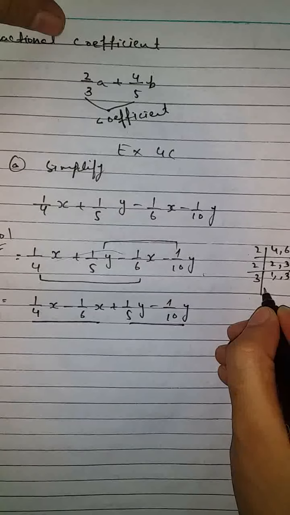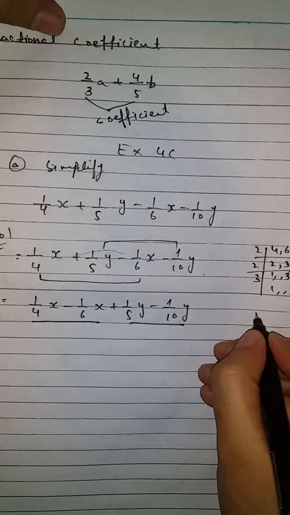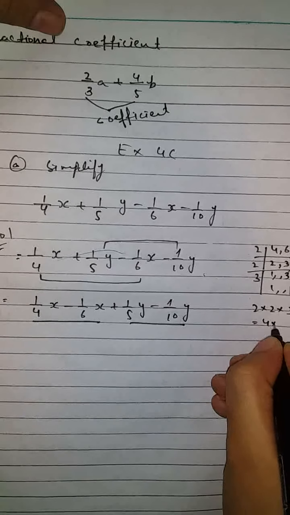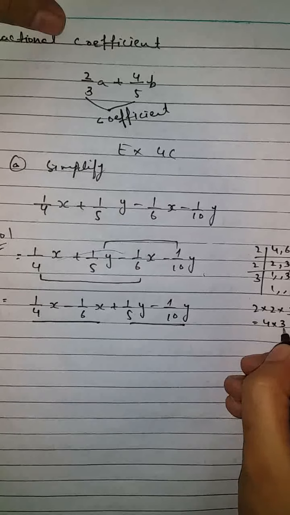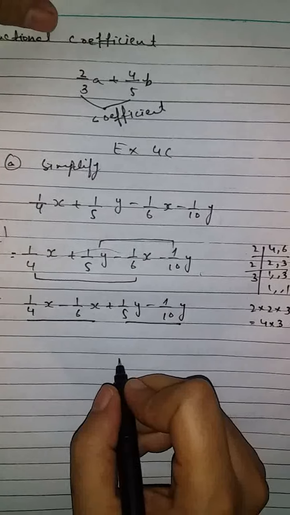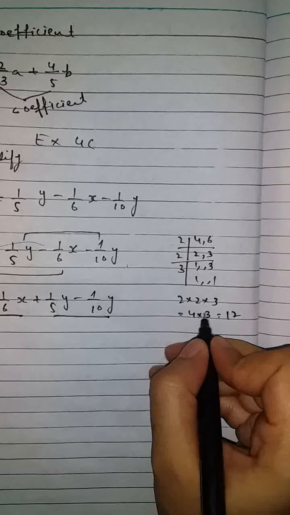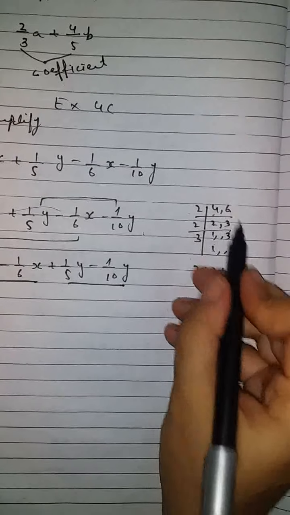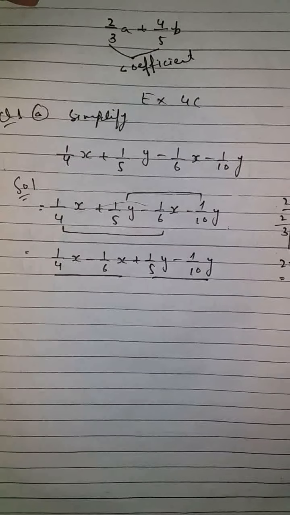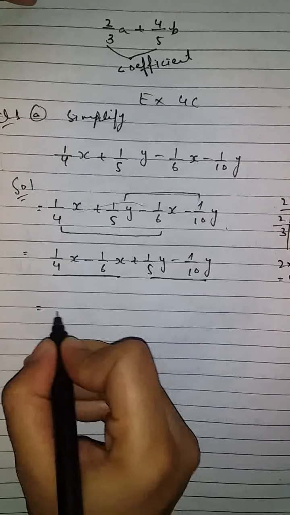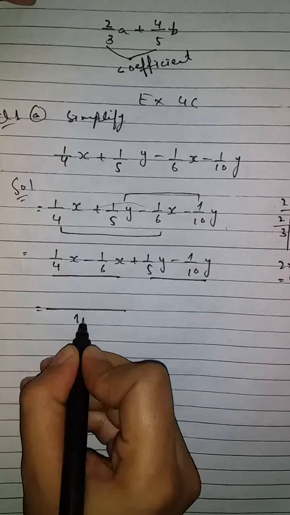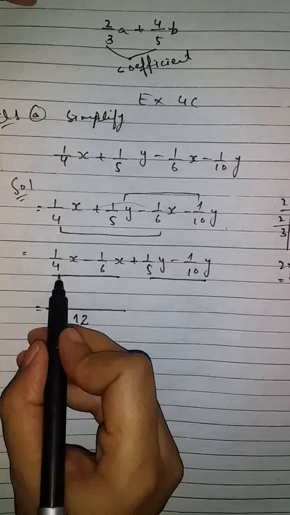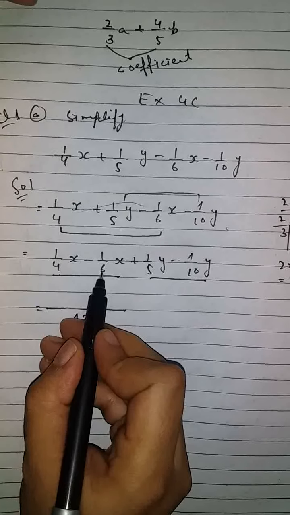Again 1 and 3, 1 is 3. 2 multiplied by 2 multiplied by 3 is 12. The LCM of 4 and 6 is 12. Got it?